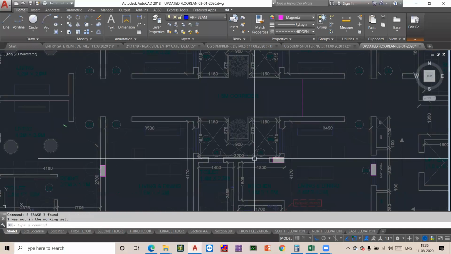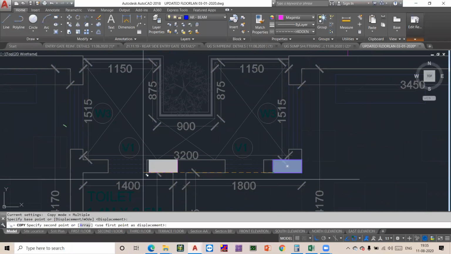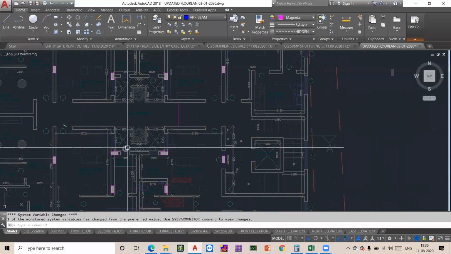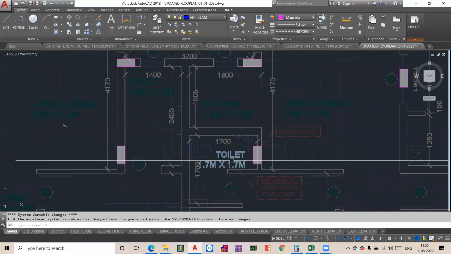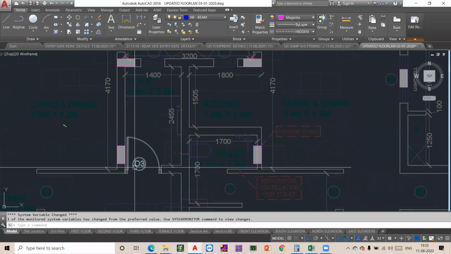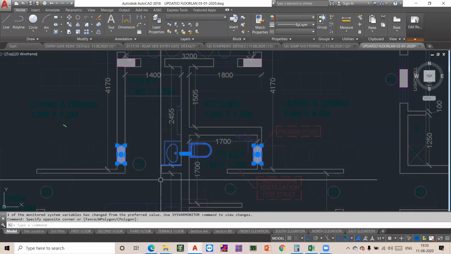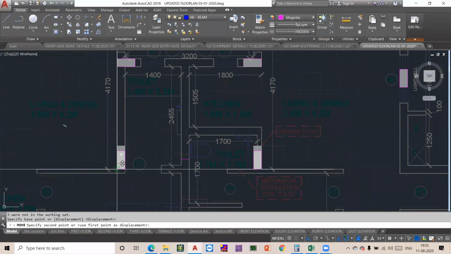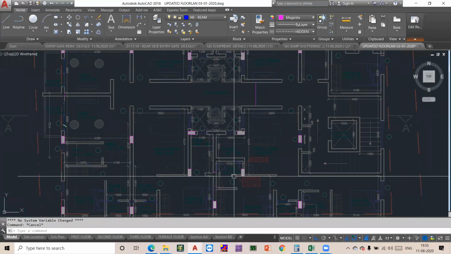Again, this will be an issue, so you will be reorienting the same even here. If you are considering these columns in this location, you cannot run a beam in this region. So what we will be doing is moving it in alignment with this wall.